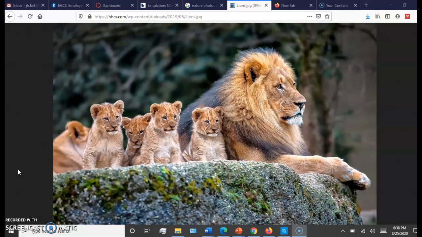I do not know for sure if that is their father. He could be another male member of the pride. He could be a male that won a fight and won an entire pride, so those cubs may not be biologically his. So that's the example of having an inference versus an observation.